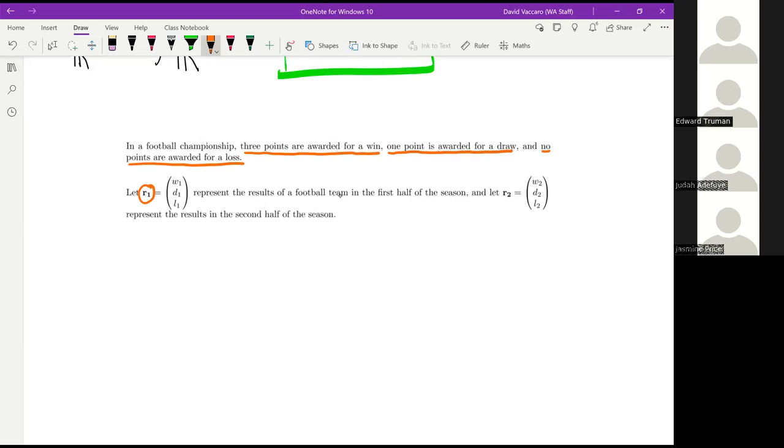So my first question is going to be, find the matrix T that computes the number of games played and the total number of points.